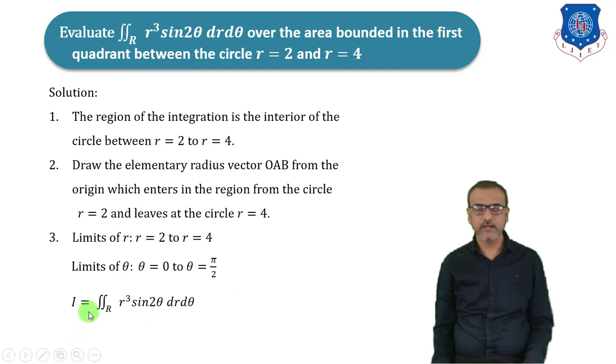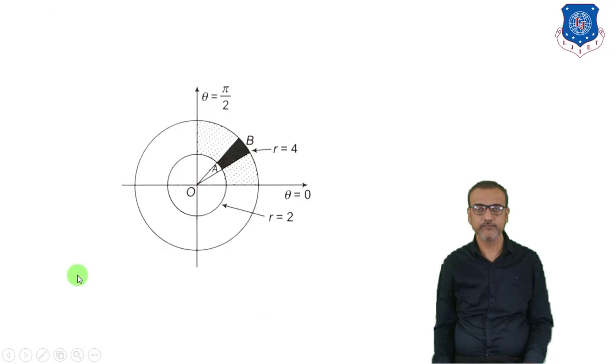So the given integration is the double integration of r cube sine 2 theta dr d theta over the given region R, which is bounded by the two circles r equals 2 and r equals 4 in the first quadrant. So here is a diagram. This is the circle having center (0, 0) and radius 2, and this is a circle having center (0, 0) and radius 4, and the area bounded by these two circles in the first quadrant is this one.